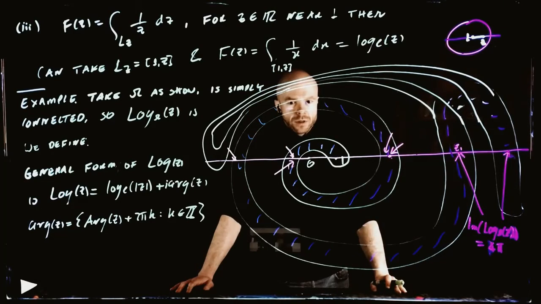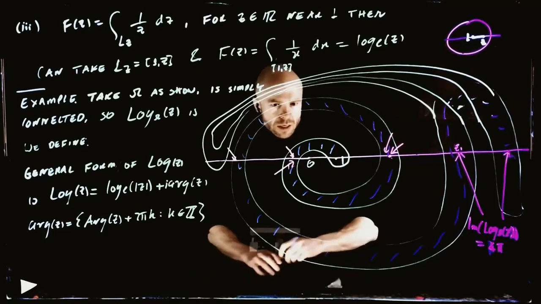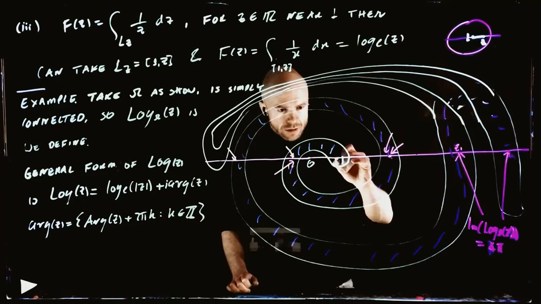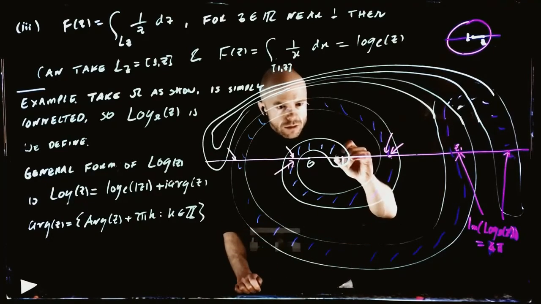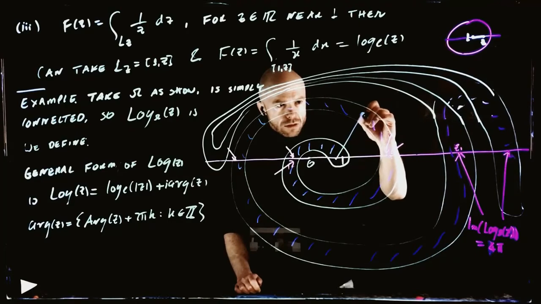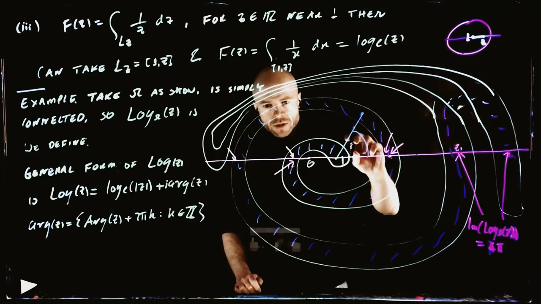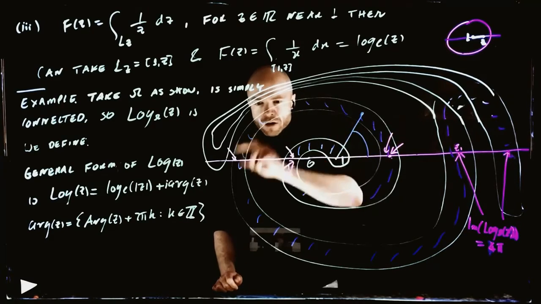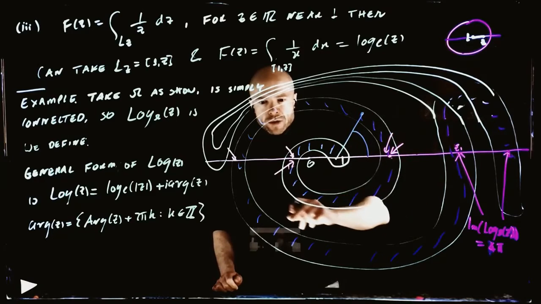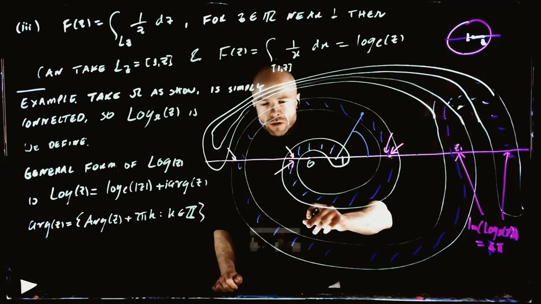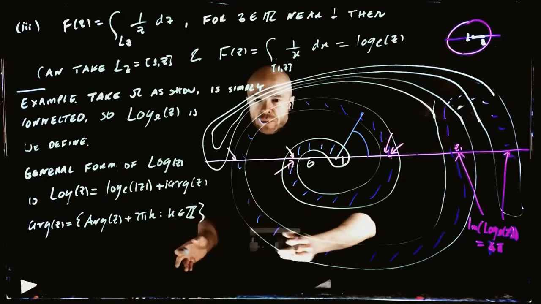Just think of this as, for any z inside here, you have to continuously define this angle, okay? But you have the right to take it over the entire real numbers, right? You're no longer restricted to minus pi to pi or anything.